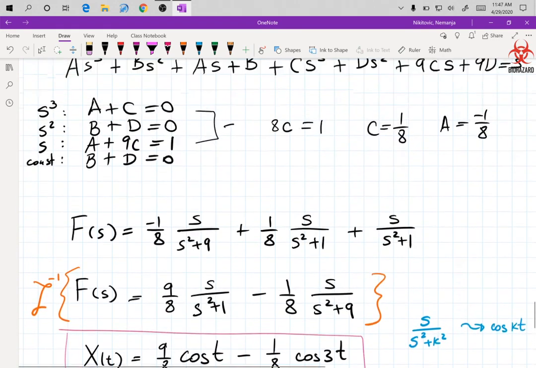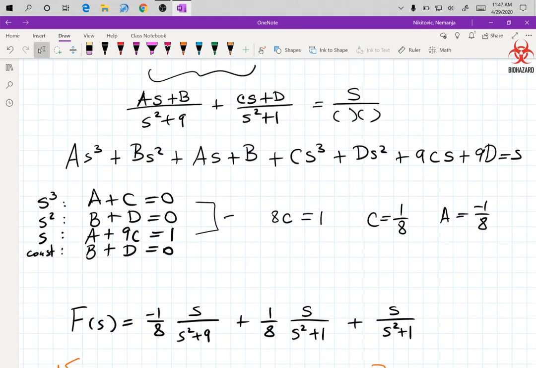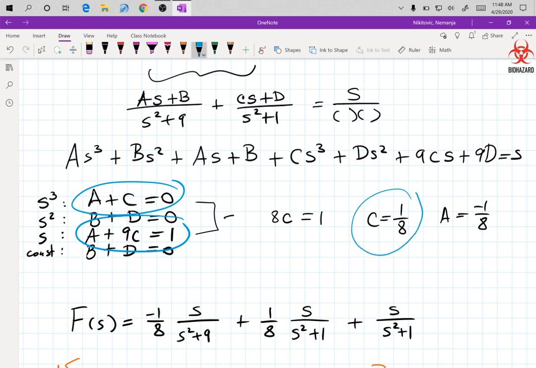Would A be 9 over 8? I don't know, would it? When I subtract these two equations, A minus A is 0, 9C minus C is 8C, 1 minus 0 is 1, that's good. So C is 1 over 8.